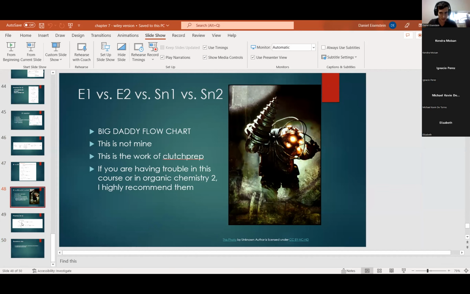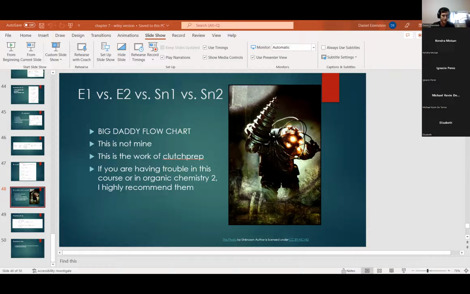E2 is aprotic, right? Because think of it this way. If I have a base and a protic solvent, protic solvents can be deprotonated. So a strong base will deprotonate your solvent and be destroyed. Okay? You don't want that. You can do one of a few things.